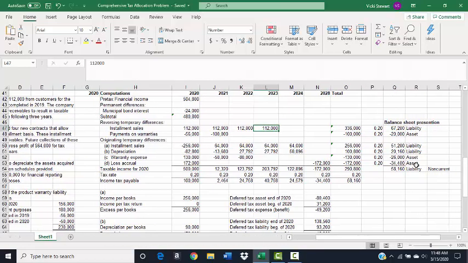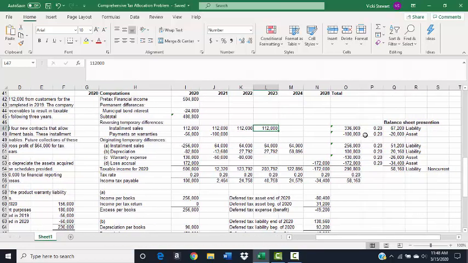So again, to be able to determine our deferred tax liabilities and assets at the end of the year, we're going to add those amounts together. $336,000 times 20% gives us, for those reversing amounts, a $67,200 deferred tax liability.